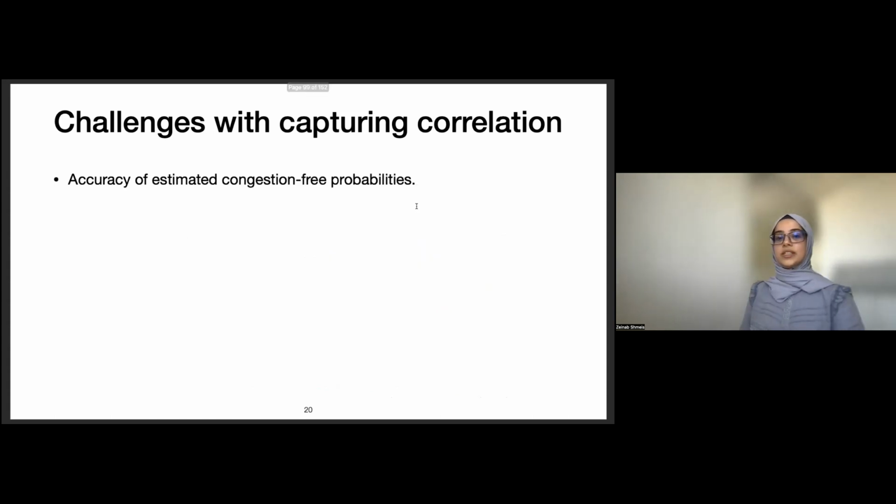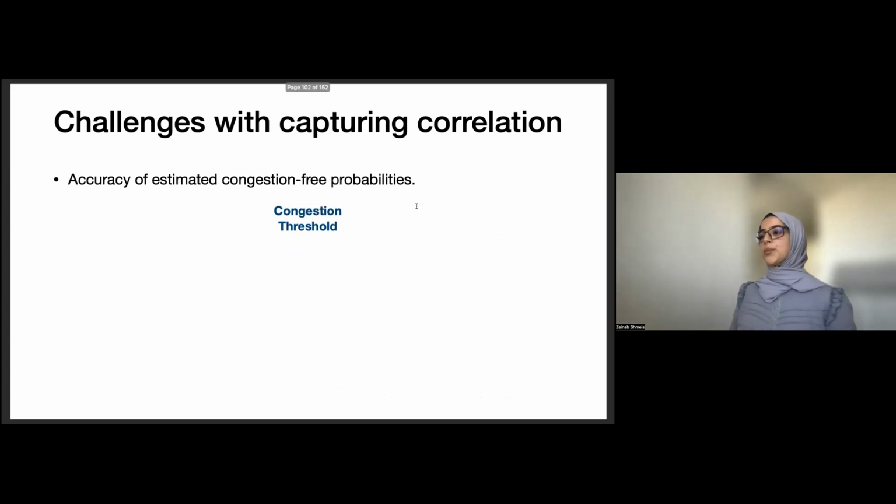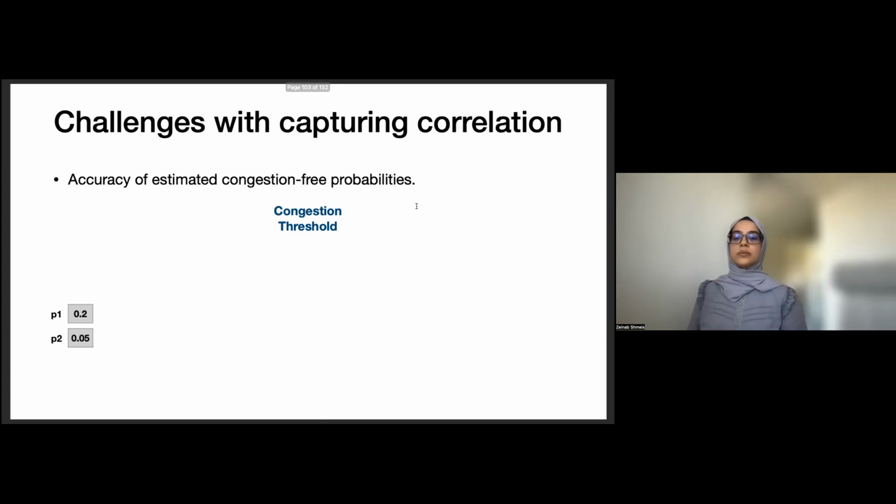Okay, now the last challenge is when we compute the probabilities. So we have our loss ratios, but then we come to compute the probabilities and we compare them to a threshold. But that threshold is another parameter that is sensitive, and we need to select it properly to not fall into a false conclusion. So what could happen there? Assume we'll focus for now on one interval.